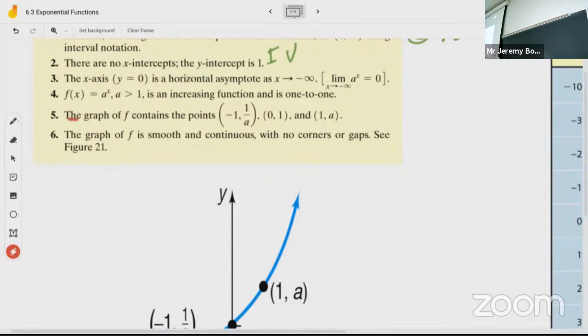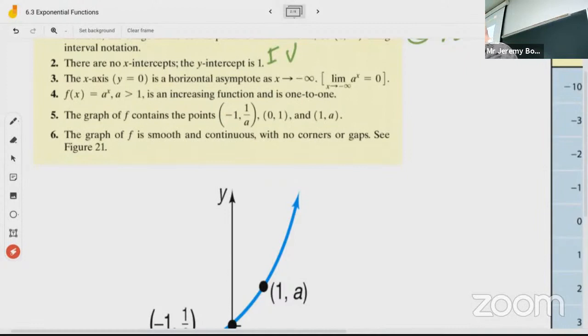The graph contains these specific points. Now, that's if your initial value is 1 and some other stuff's not happening. But if it's a basic f of x equal to a to the x form function, you have -1, 1 over a. You have 0, 1, and 1, a. Those are some points on your graph.